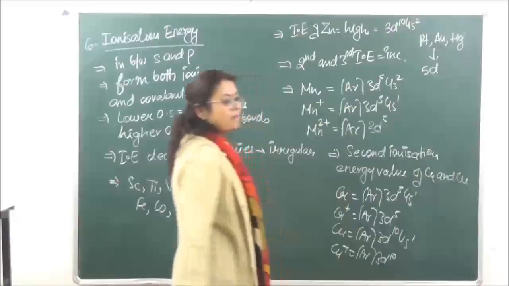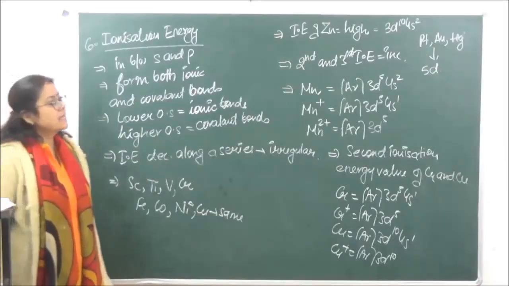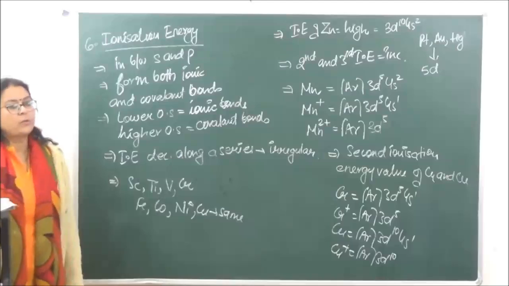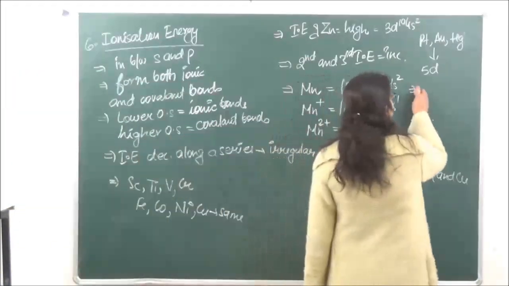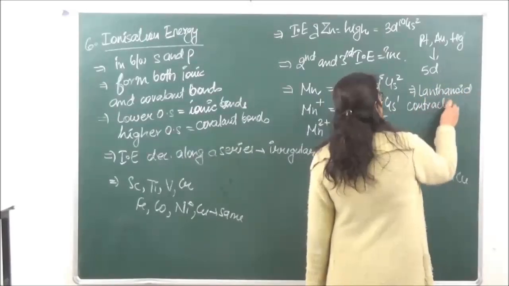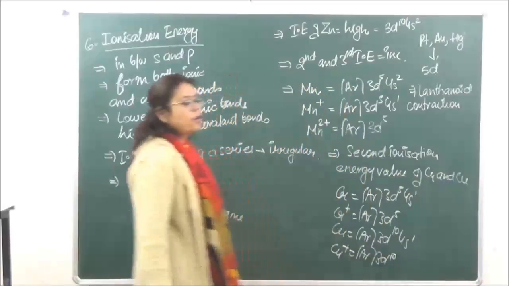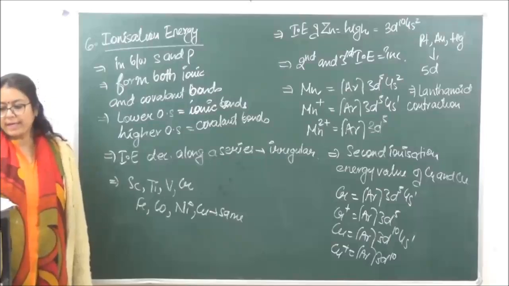These belong to the 5d series. They have high values of ionization energies, as a result of which they are going to be inert. The reason behind this is lanthanoid contraction. Okay?